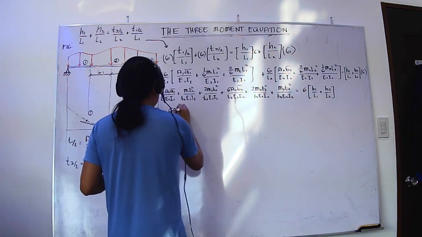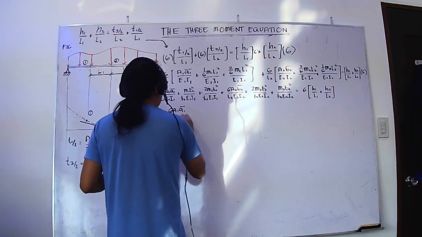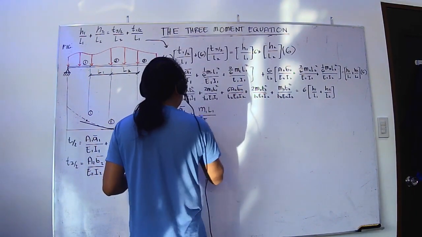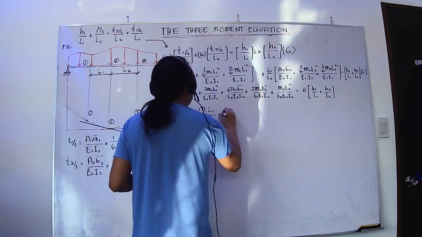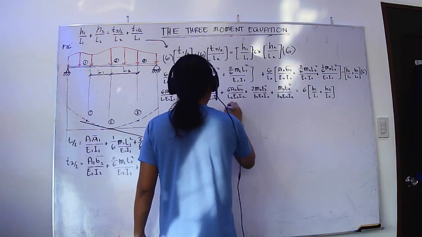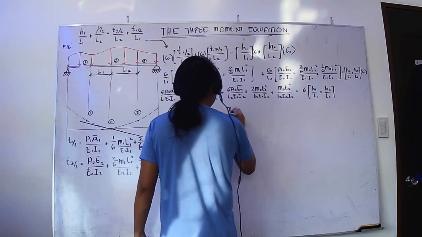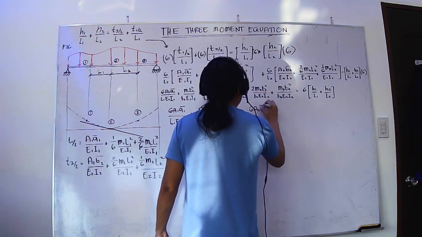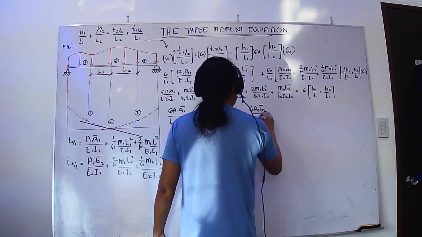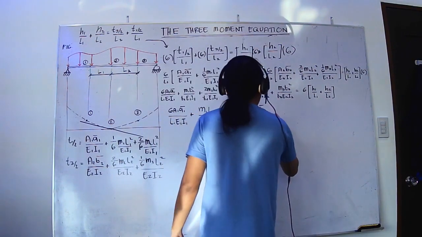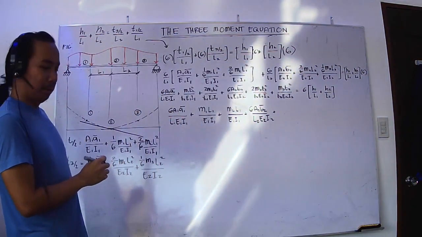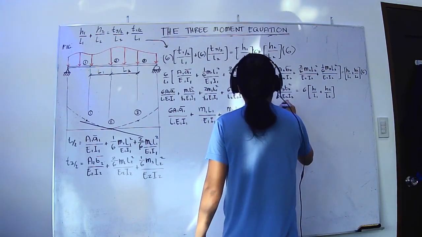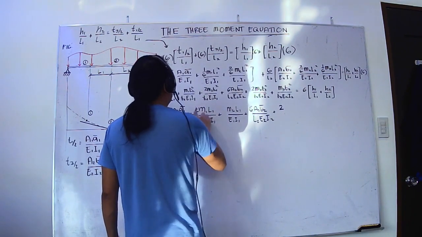It's just 6A1 B1 over L1 E1 I1 plus M1 L1 over L1 E1 I1 plus M2 L1 over E1 I1 plus 6 A2 B2 over L2 E2 I2. Okay.